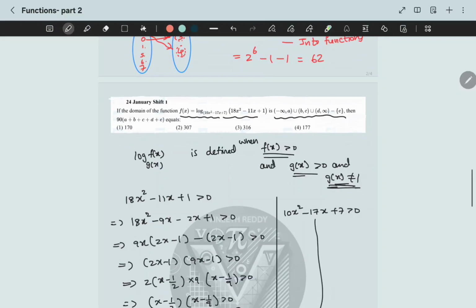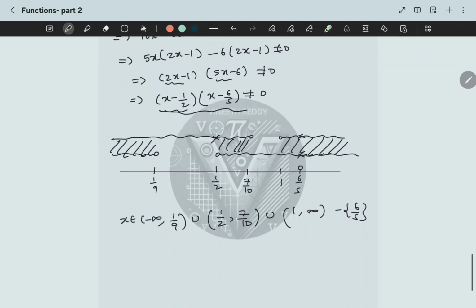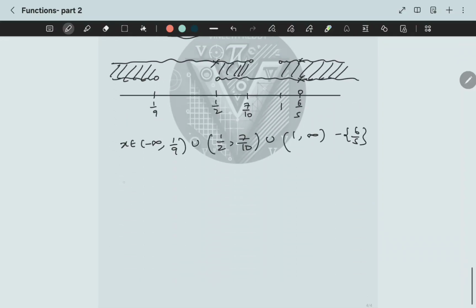So minus infinity to a union b to c union d to infinity, except e, right? He is asking us to find the value of 90 times (a plus b plus c plus d plus e). So a is 1/9, b is 1/2, c is 7/10, d is 1, e is 6/5.